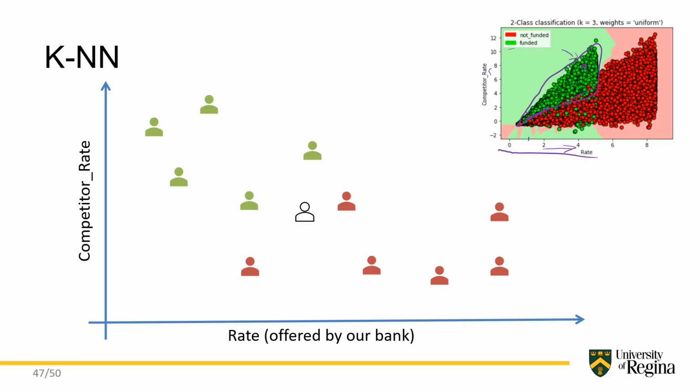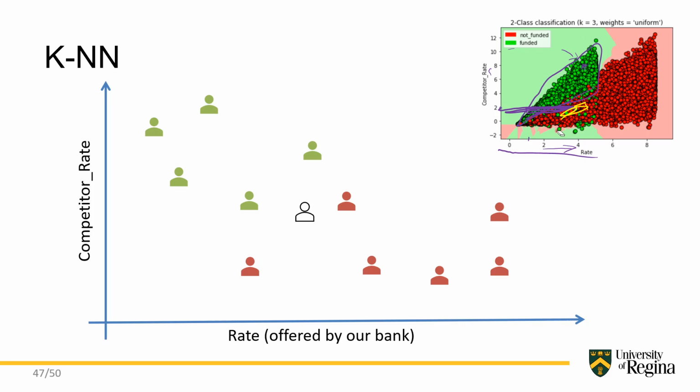For example, here I've got a rate of 4 that our bank offers. And if I create a line here, I'll see that if other competitor banks provided a rate of 4, let me see, maybe yellow.